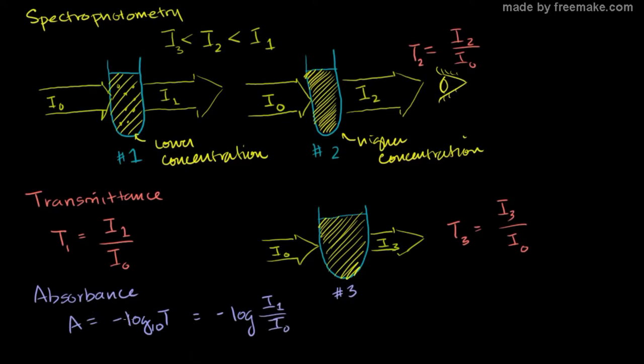But the easiest way is the negative log of the transmittance. So if transmittance is a large number, absorbance is a small number, which makes sense. If you're transmitting a lot of light, the absorbance number is going to be very small, which means you're not absorbing that much. If transmittance is a low number, that means you're absorbing a lot, and so this will actually be a large number. And that's what the negative log gives us.